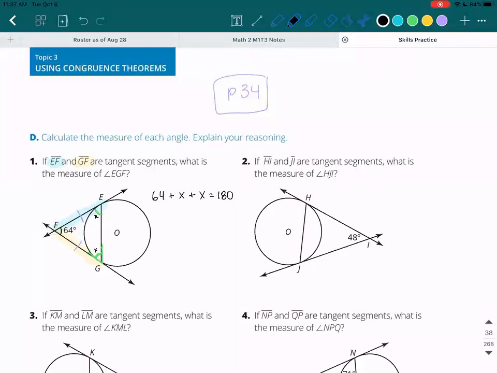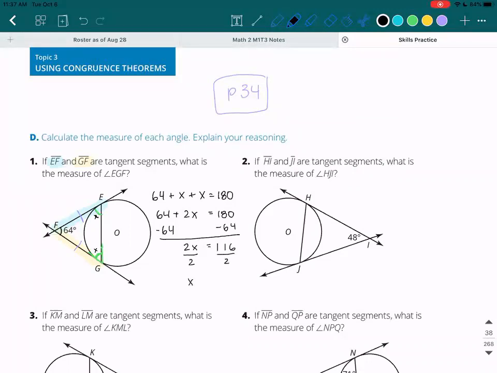So let's simplify this. We have 64 plus 2x equals 180. And then to get the x by itself, we're going to subtract 64 from both sides. We'll be left with 2x is equal to 116. And then to get the x by itself, we need to divide by 2.